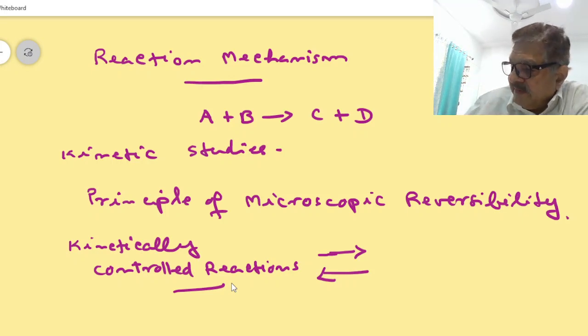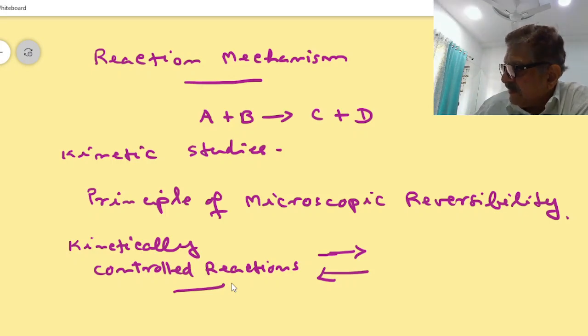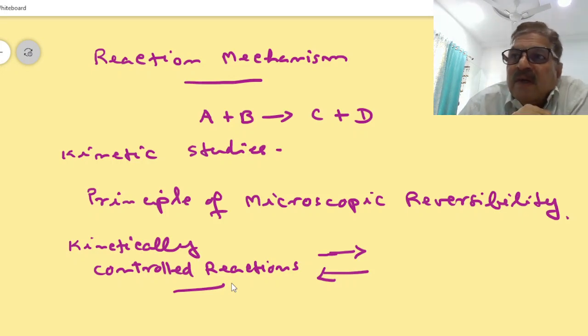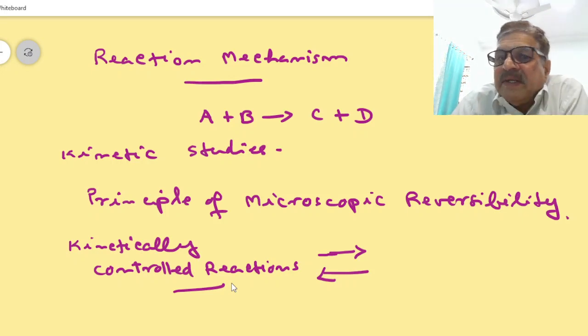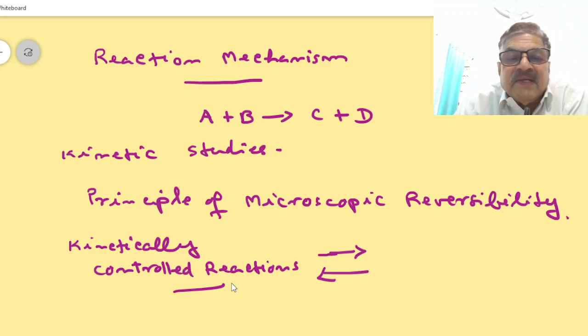Now, if the possible products of a reaction are interconvertible, we have seen that the first case is where they are not interconvertible.